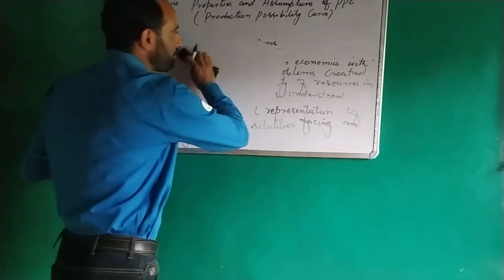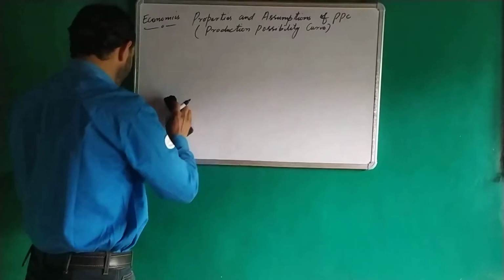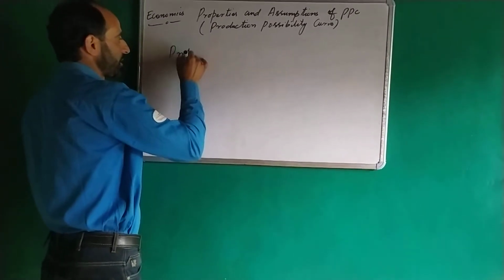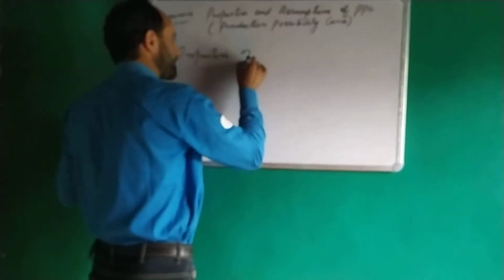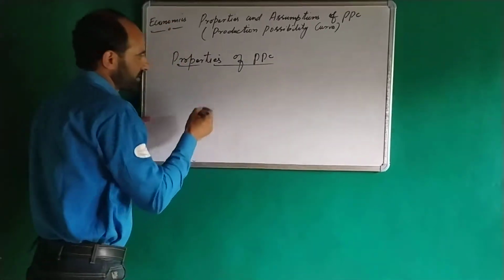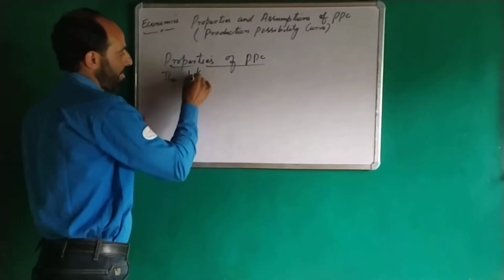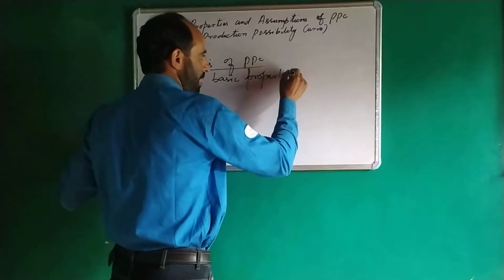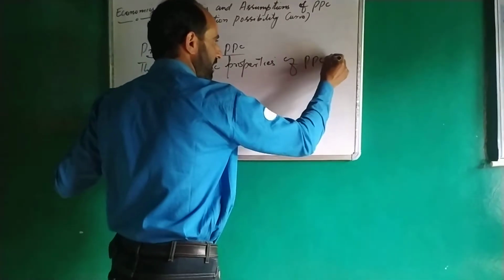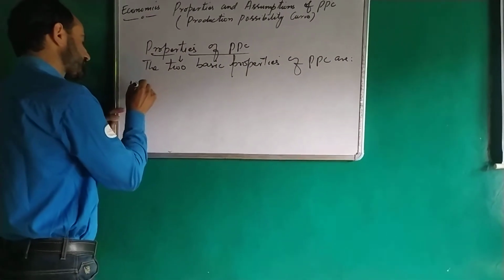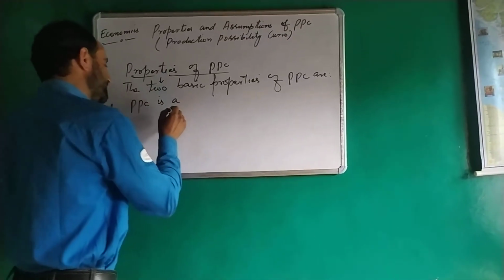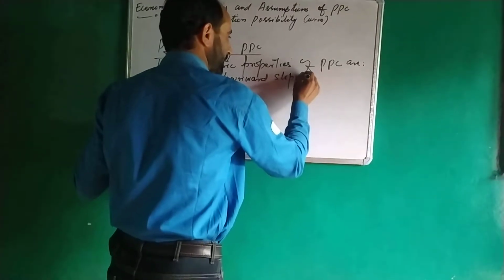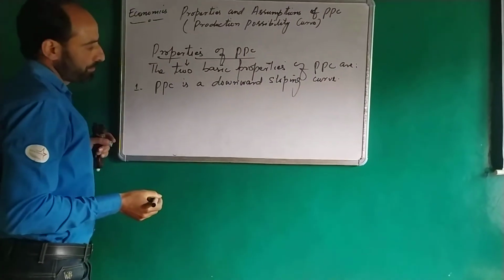What are the properties of PPC? The two basic properties of PPC are: first, PPC is a downward sloping curve.